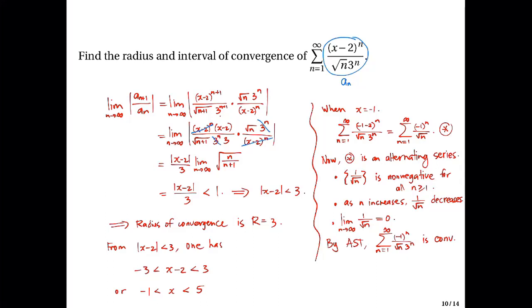Next, let's find whether this series is convergent at x equals 5. When x equals 5, we get the series (5 minus 2)^n over square root of n times 3^n, as n runs from 1 to plus infinity.